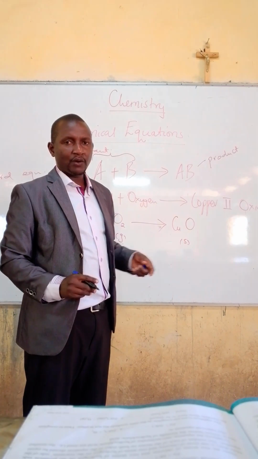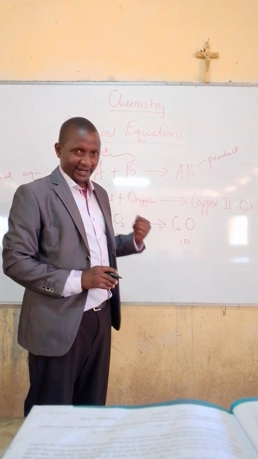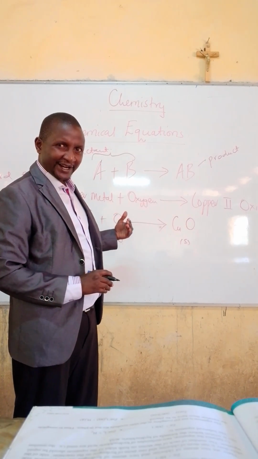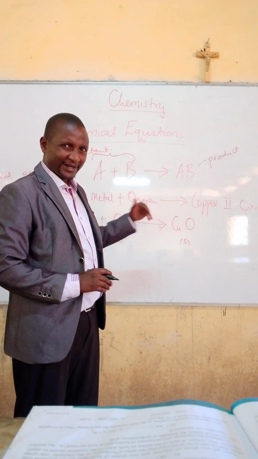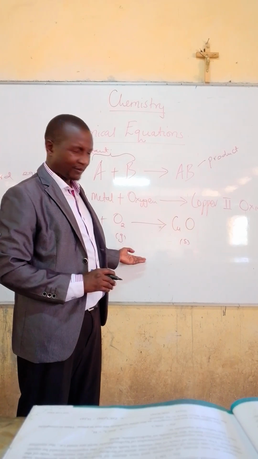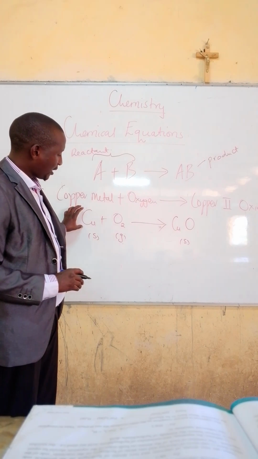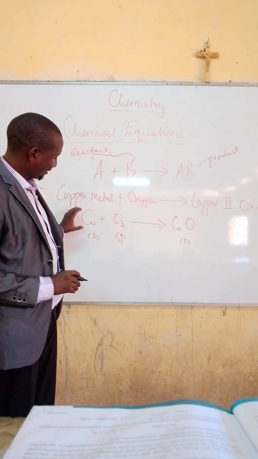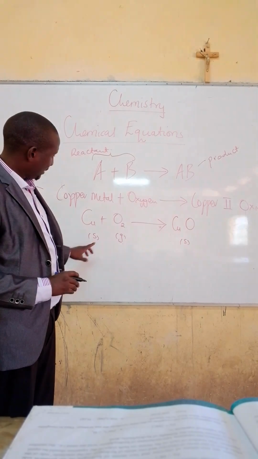But how can you represent a word equation? You can use the symbols and their formulas. So a chemical equation is basically using symbols and formulas to represent the reactants and the products. But how do you write it? What guidelines do you follow? When writing the correct chemical equation, you need to know their symbols. For example, copper is written capital C, small u.